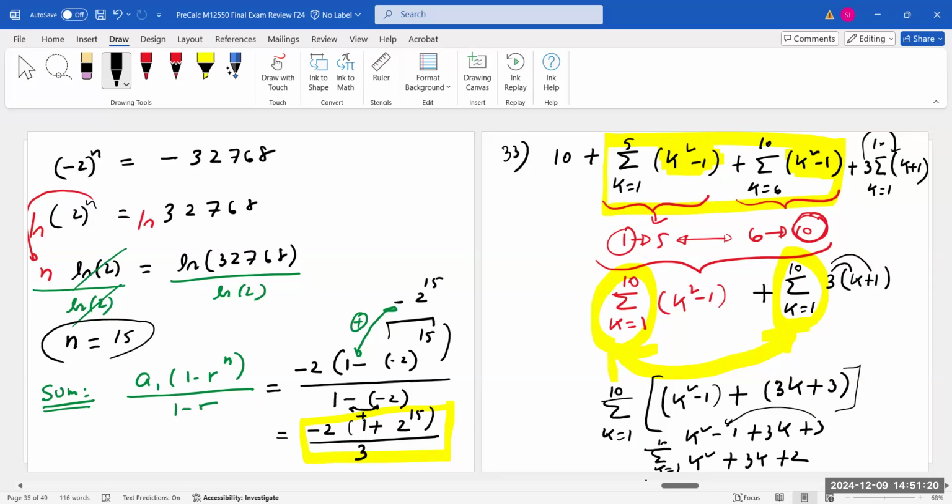Now the only thing left is the 10. How can we rewrite this 10?